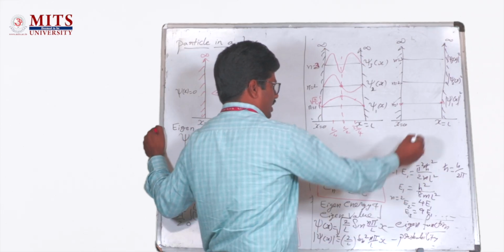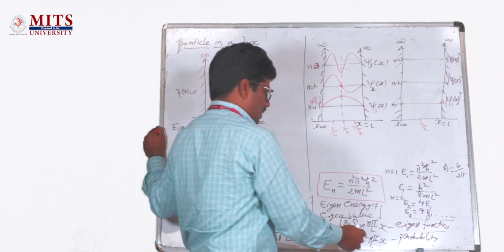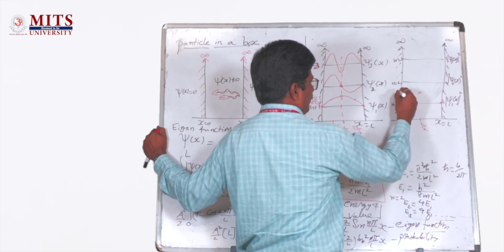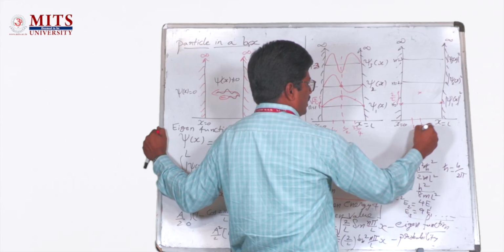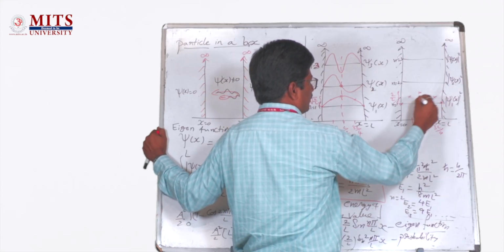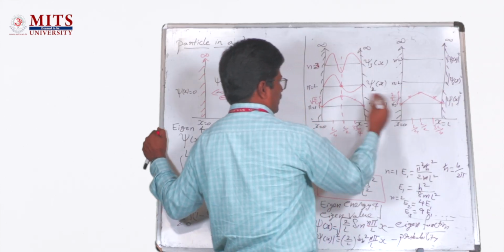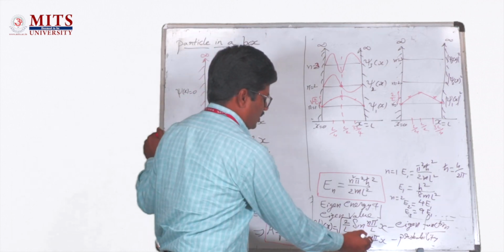But if you take L by 2, then you will have pi by 2, so you will get the height of this is 2 by L. And you take L by 4 and 3L by 4, you will get some points here. But what is the change that you see from wave function to probability density function? Here you have square.